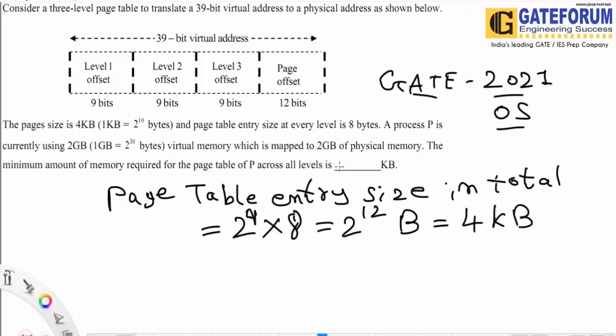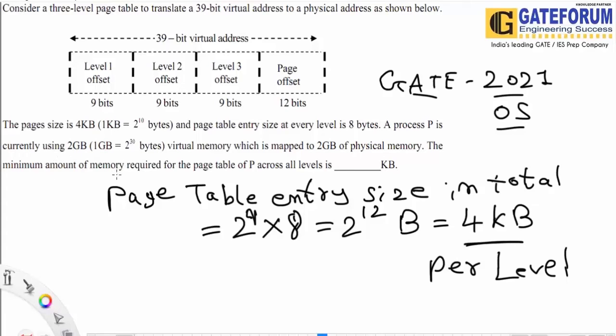That's what we find for the entire page table size in total per level. This is per level. Hope you understand this concept. All the levels have the same thing, so we can take it into consideration for all levels. A process P is currently using 2 GB of memory.